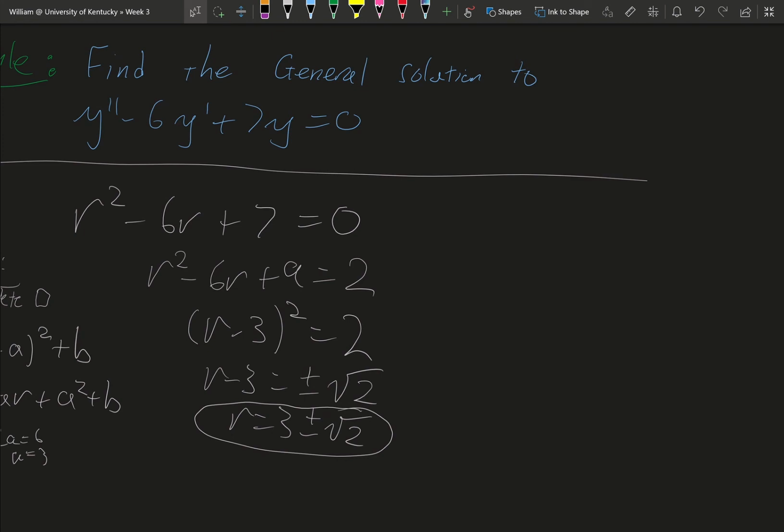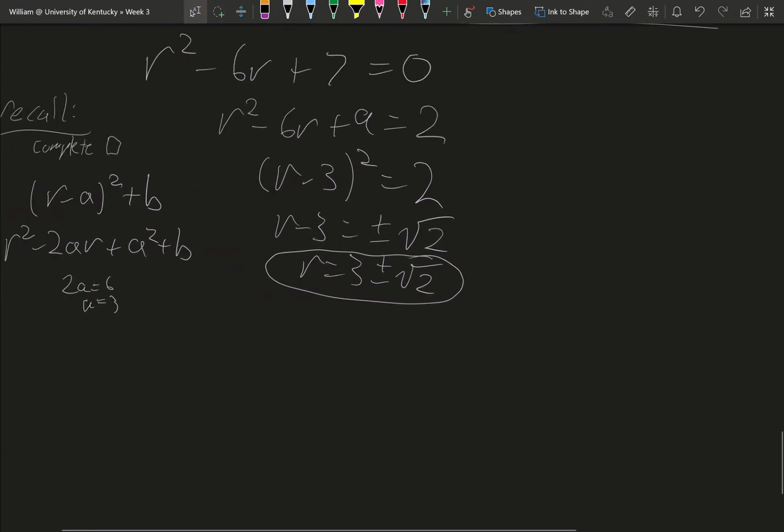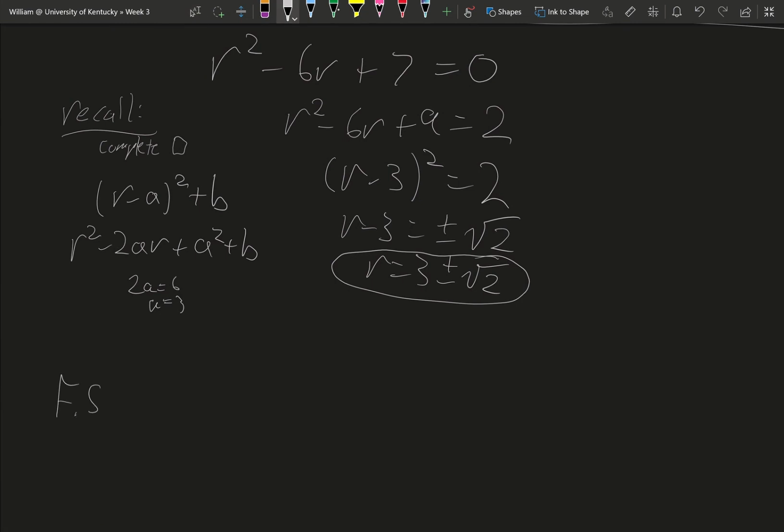Okay, so we have our two roots. So we have our fundamental set of solutions now, which is e raised to the 3 plus square root of 2 times t, and e to the 3 minus square root of 2 times t.